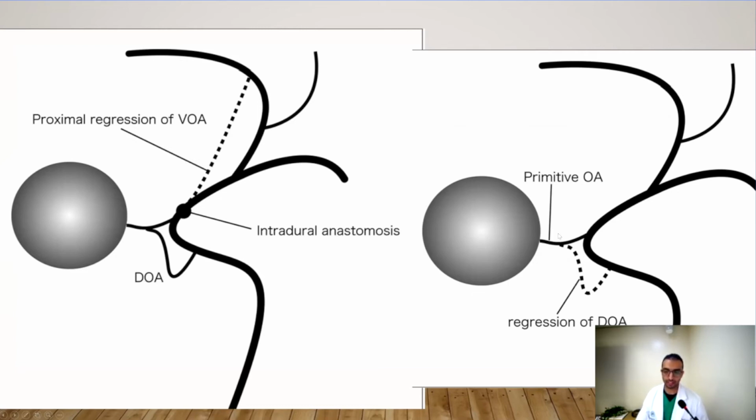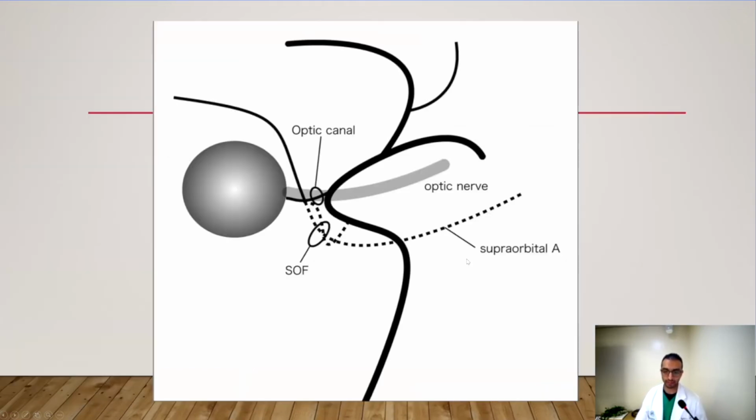So we can see here, after regression of the dorsal and ventral, we have the adult type of the ophthalmic artery. But meanwhile, in this process, there is another branch, the supraorbital artery, which comes from the stapedial artery.